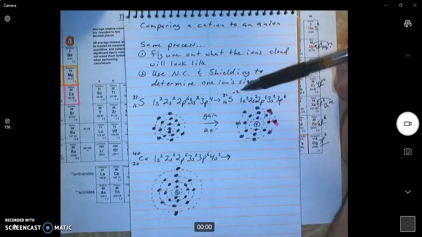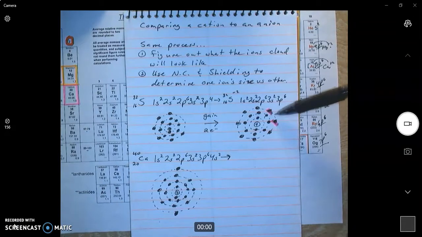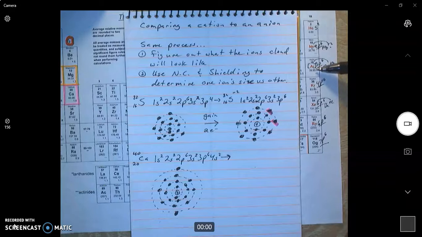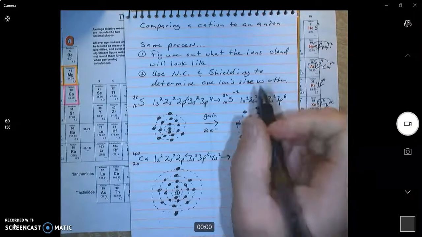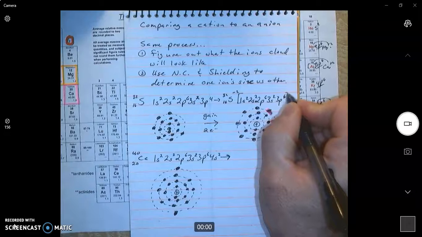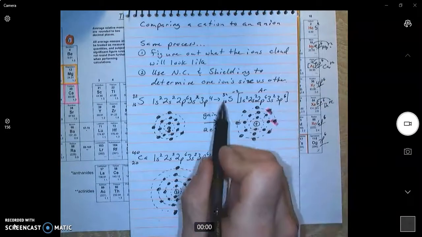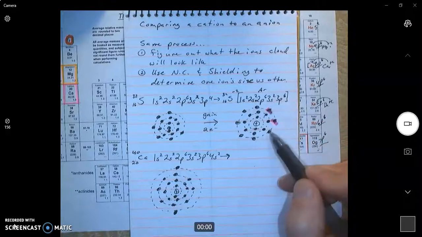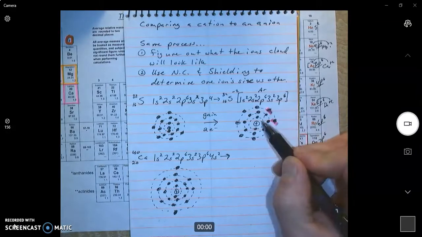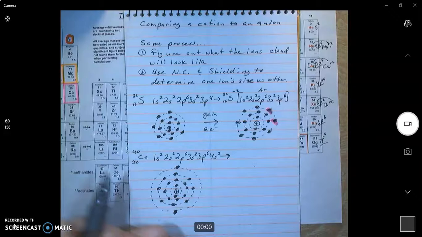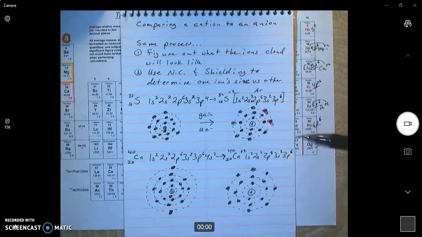When sulfur gains those 2 electrons and fills up its third energy level, it gets the electron configuration of argon, which ends in 3p6. So it takes on the configuration of argon, but it has a mass of 32. So argon's cloud with a mass of 32, compared to calcium, which as it ionizes loses 2 electrons.